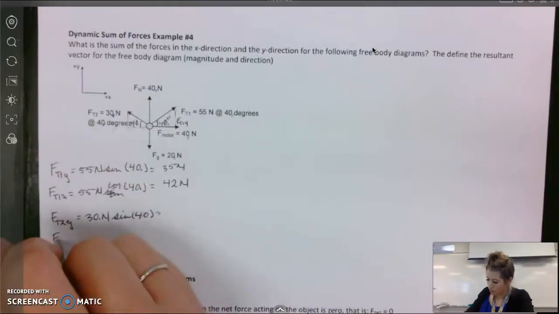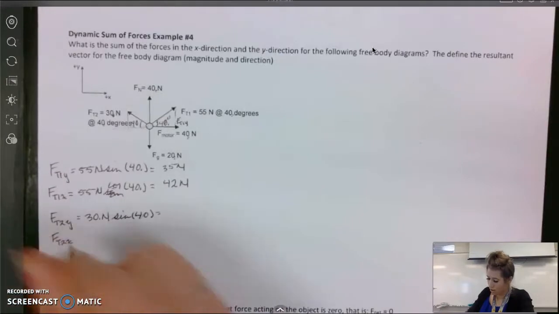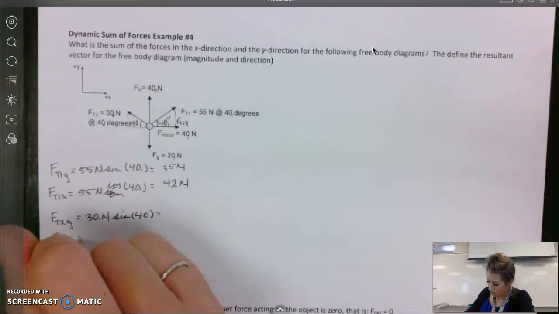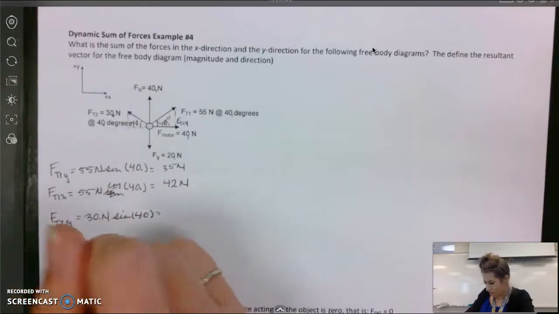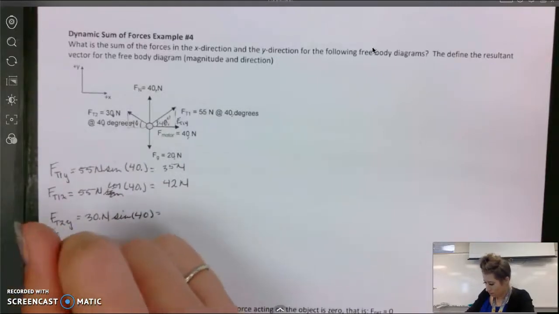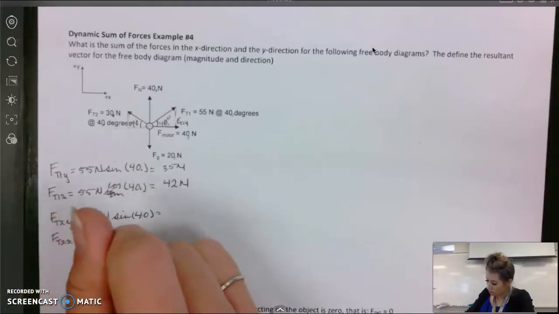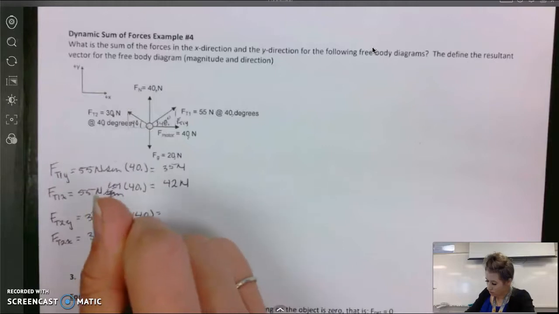And then force of tension 2 in the x. X is adjacent to that 40 degrees, so that would be 30, because that's our hypotenuse, newtons cosine 40.